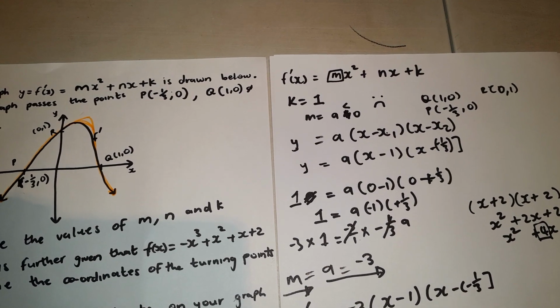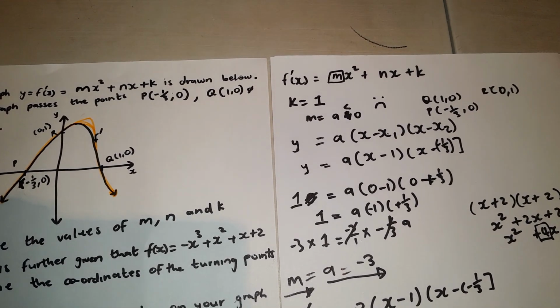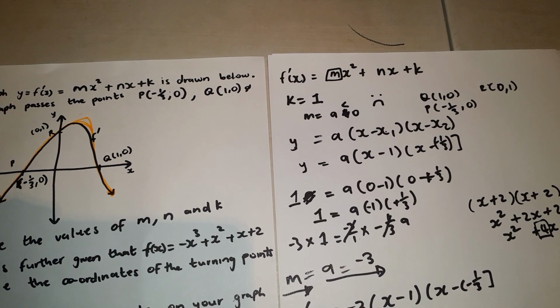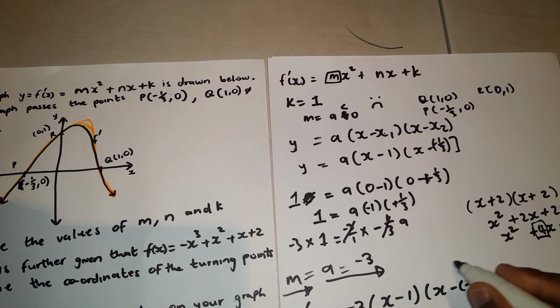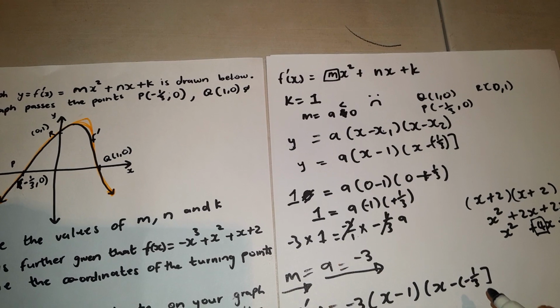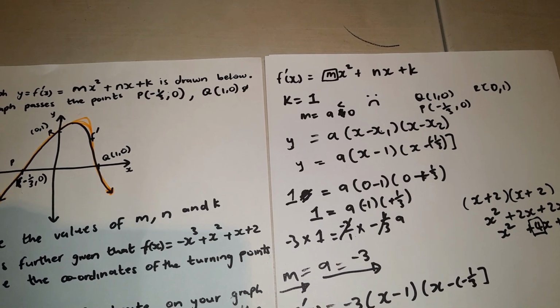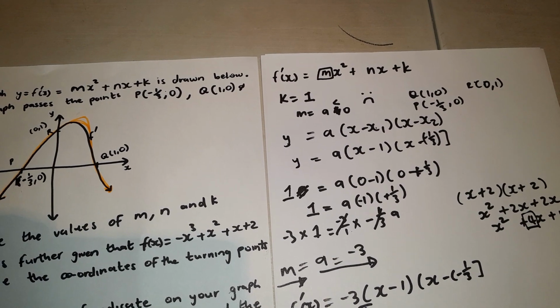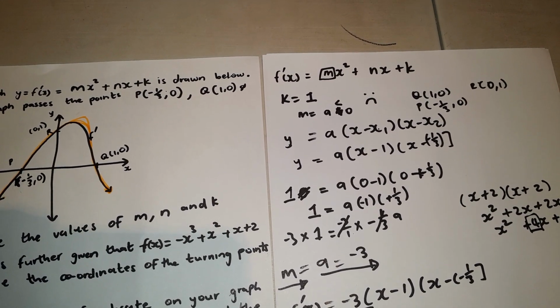So now remember, we have to factorize everything that is here first, then after factorizing, that's when we will be able to multiply with this negative 3, that is outside.